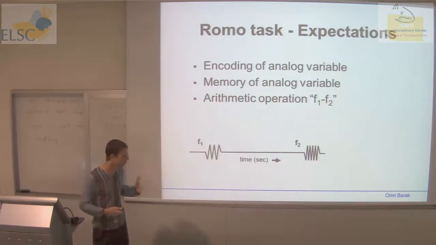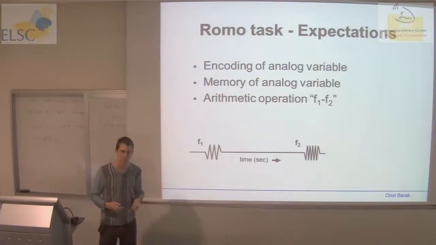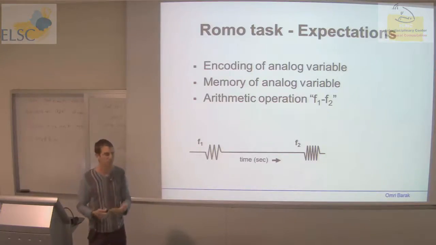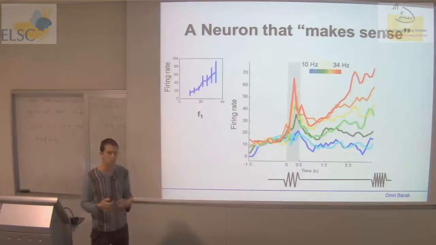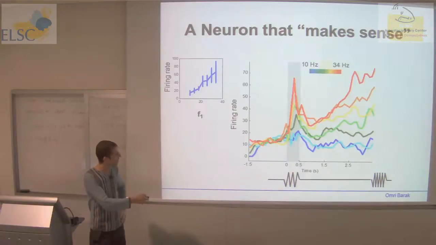With these expectations in mind, we look at the recordings and find single neurons that seem to make a lot of sense. So this is a single neuron, and on the x-axis we have time, with the first stimulus, the delay period, the second stimulus. The y-axis is the firing rate, and each color is a different value of the first frequency, from a low stimulus frequency to a high stimulus frequency.